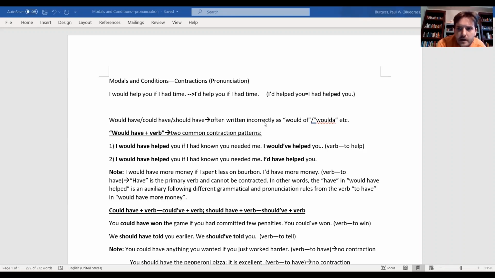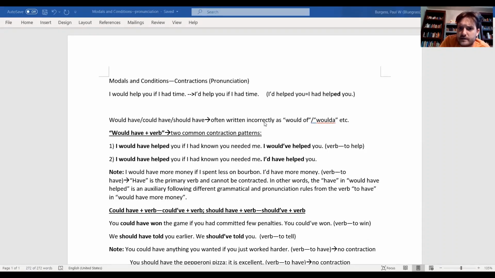Hello, everyone. I want to talk a little bit about pronunciation and contractions with the modals and conditionals. A lot of the materials I've been posting recently have talked about these modals and conditionals. You'll see a page that provides a guide for how to use these and what they mean, and I'll provide some practice with those.